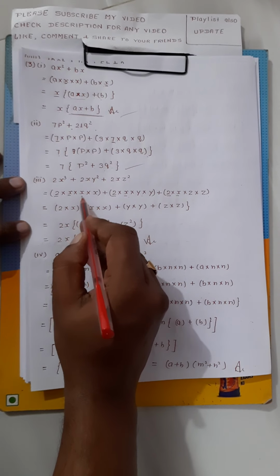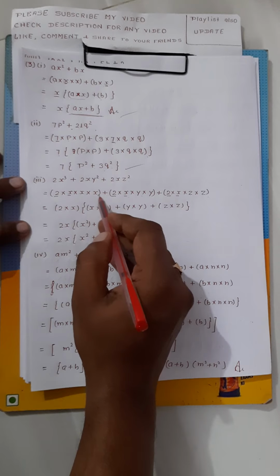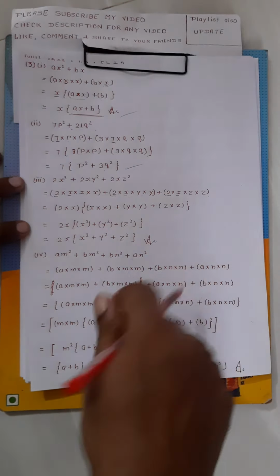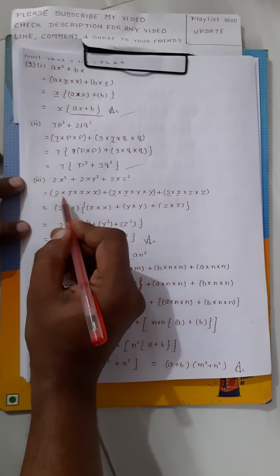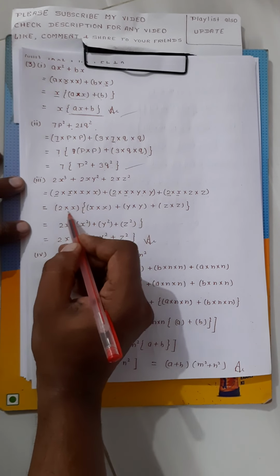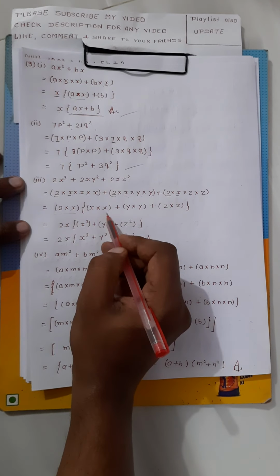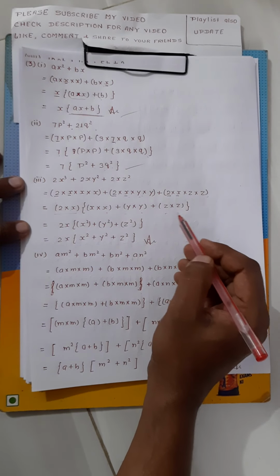For the next x there is no next x here and here, there is no more x in all terms. So we will take out 2x, so 2 into x we have taken out. Now x into x will be left here, y into y will be left here, and z into z will be left here.